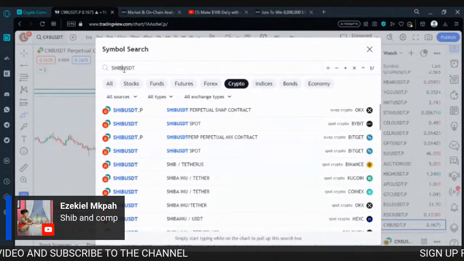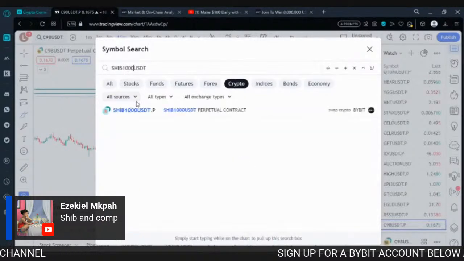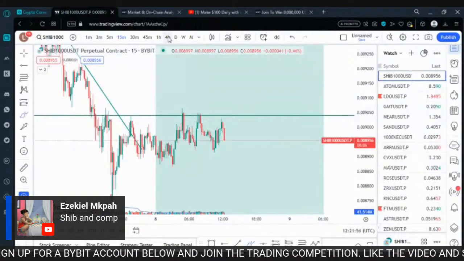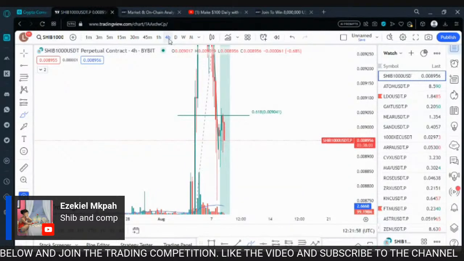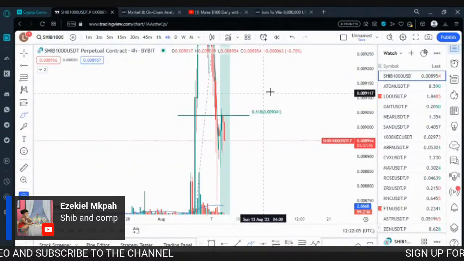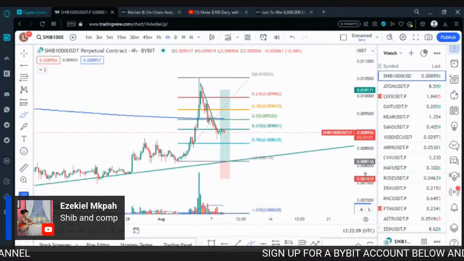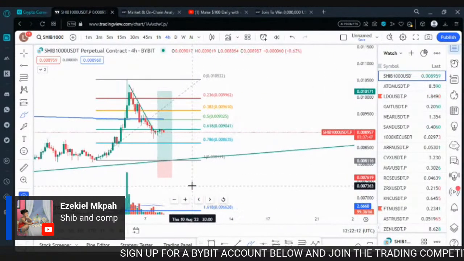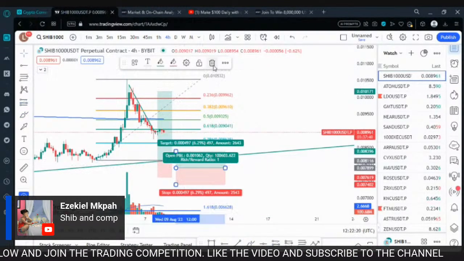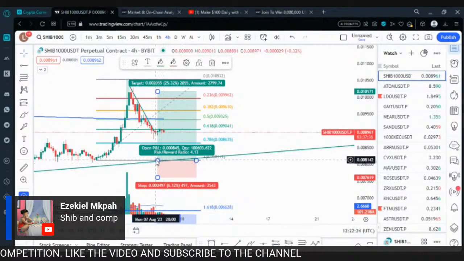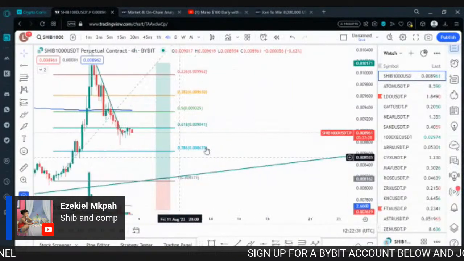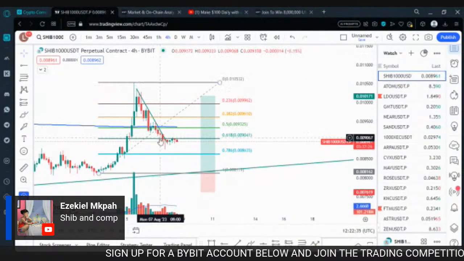I think it's SHIB 1000 actually. Okay, so when Shiba Inu started dropping, I had this.